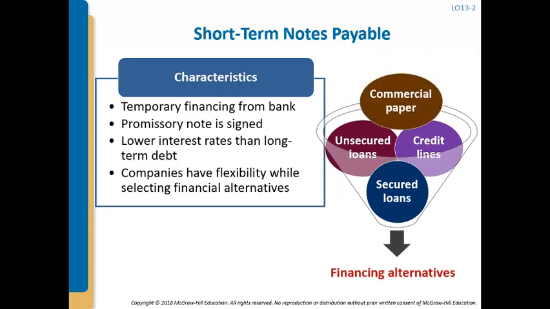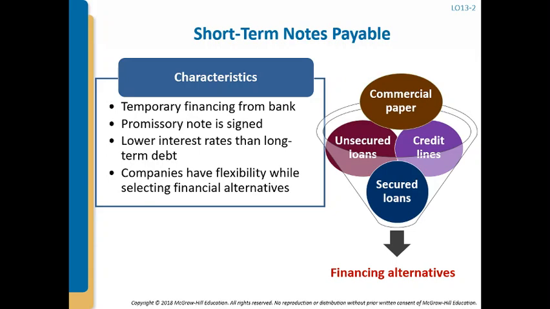Now, the financial alternatives can be one of several options that we'll look at. Commercial paper is a possibility.